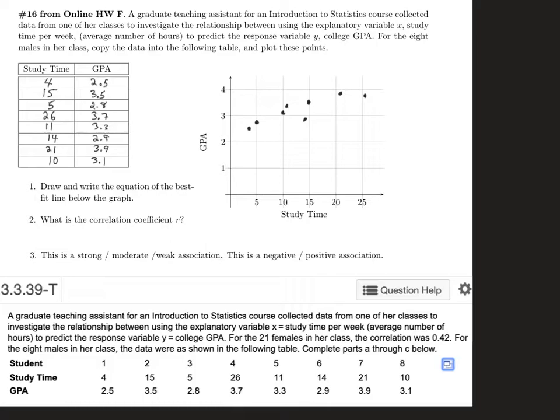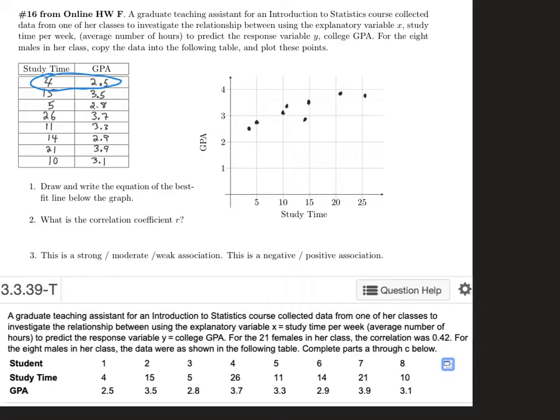Anyway, just to get the problem started, I copied the data onto the table at the top of the page and drew the points over here. As we discussed in class, the points are just using these two values to decide how far over and up to go.